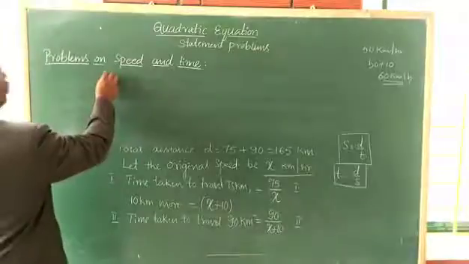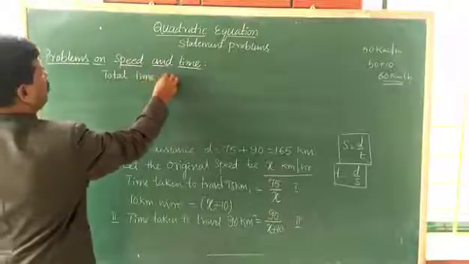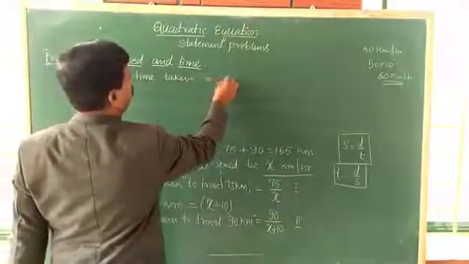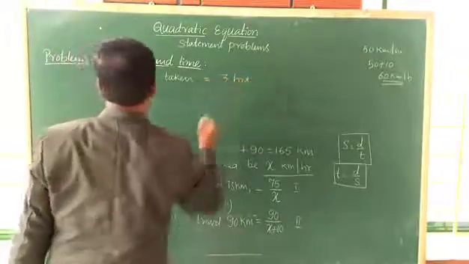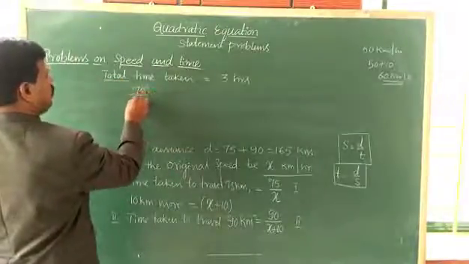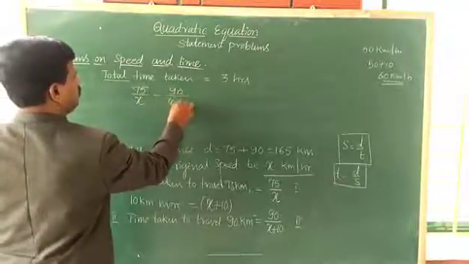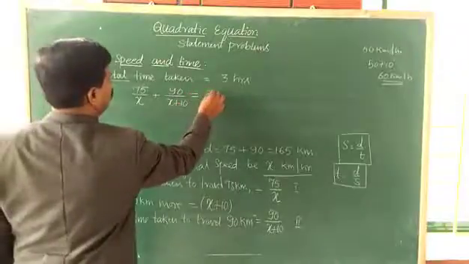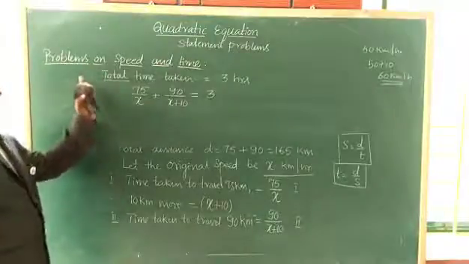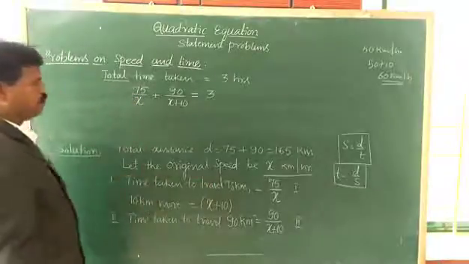So total time taken is equal to 3 hours. Okay. Now total time means first one is 75 by x plus 90 by x plus 10 is equal to 3. Clear? This is the way to convert the statement word problem into equation form.